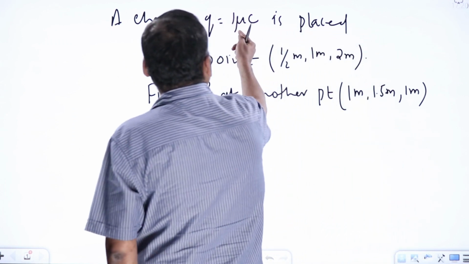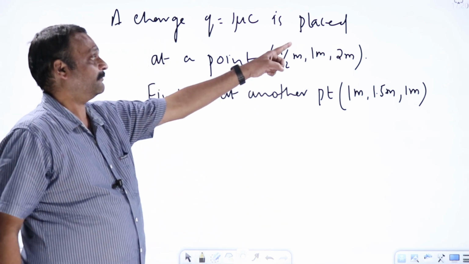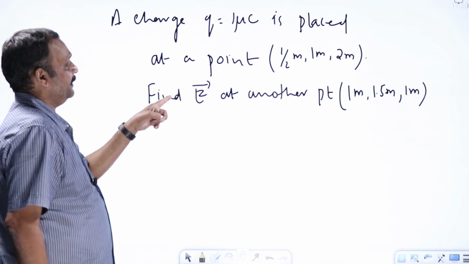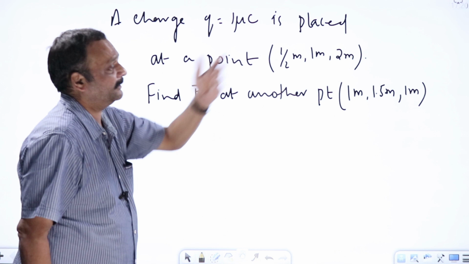A charge q equal to 1 microcoulomb is placed at a point with coordinates half meter, 1 meter, 2 meters. Find the electric field intensity at another point, 1 meter, 1.5 meter, 1 meter.